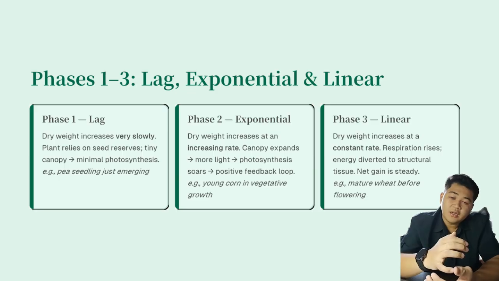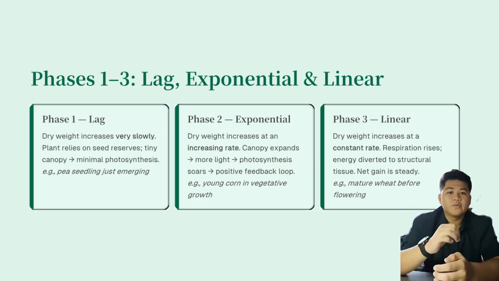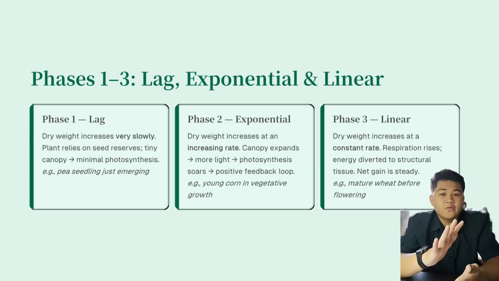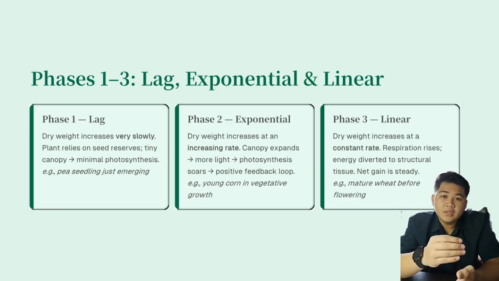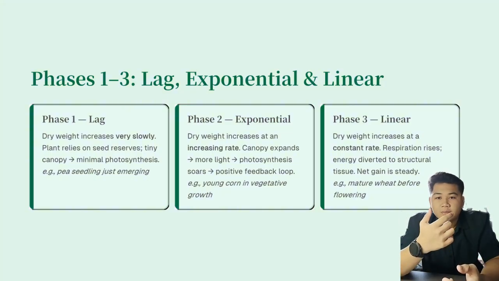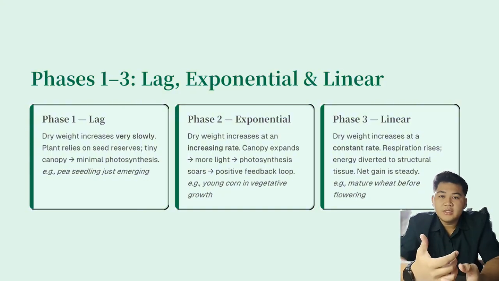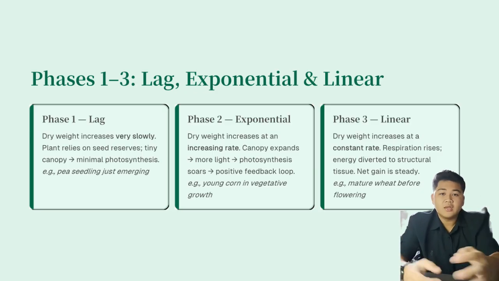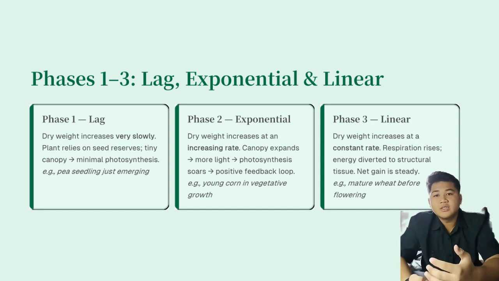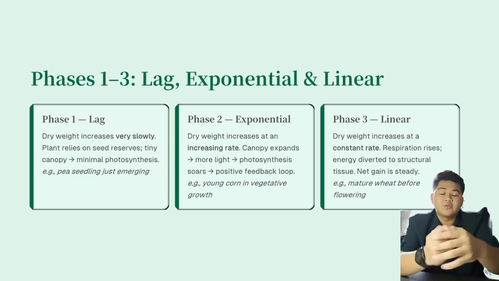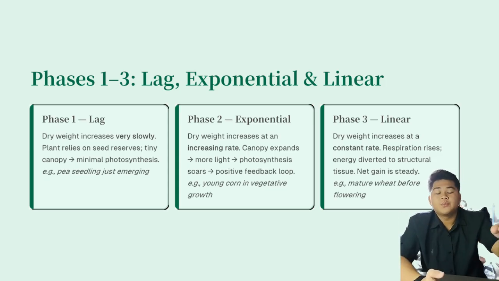First, the plant now invests a lot of energy into structural tissue, which does not photosynthesize. And the second is respiration, the process of burning sugar for energy. This increases as the plant gets larger. So even though photosynthesis is still high, the net gain becomes steady. That's why it has a linear slope.